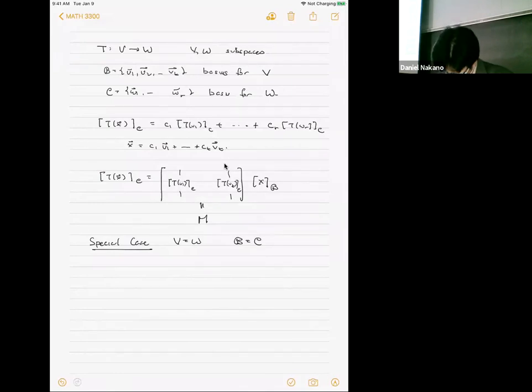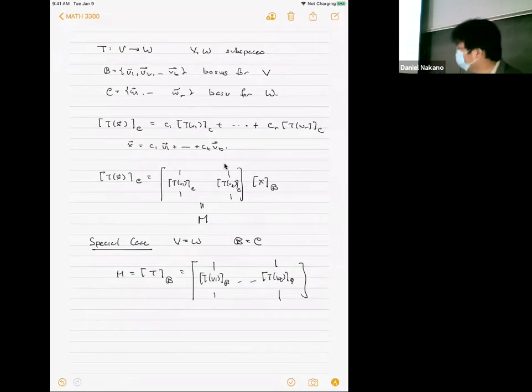And then M here is going to be called T relative to beta. So again, I'll just write it out. You take the basis vectors and you write them in terms of beta everywhere. And you take the coordinates and you just put them down the columns.